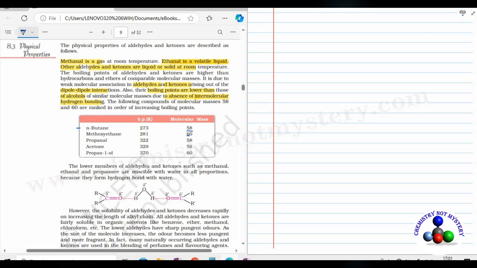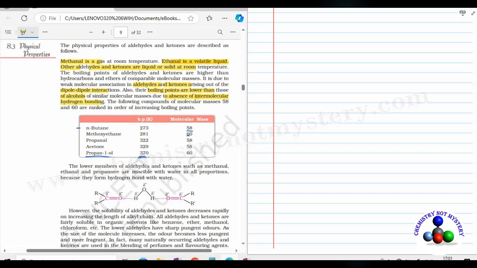Methoxyethane, it is an ether and its boiling point is slightly more than that of hydrocarbon. Propanal is an aldehyde. Its boiling point is slightly higher than that of ether and this is acetone. Acetone is a ketone and its boiling point is more than that of aldehyde. Propan-1-ol, it is an alcohol. Its boiling point is highest among them.